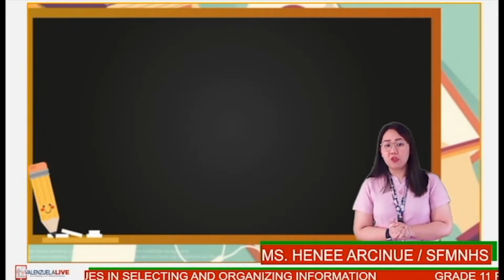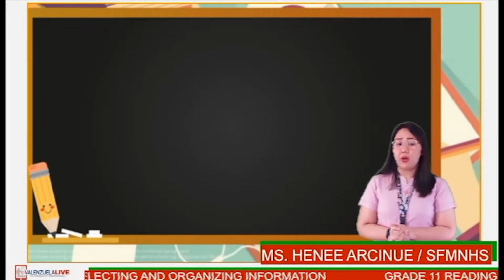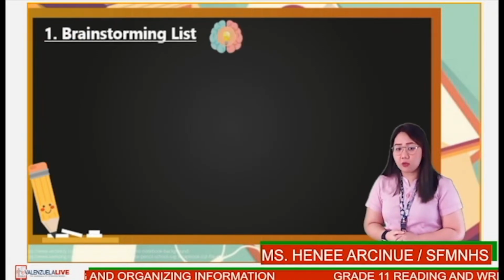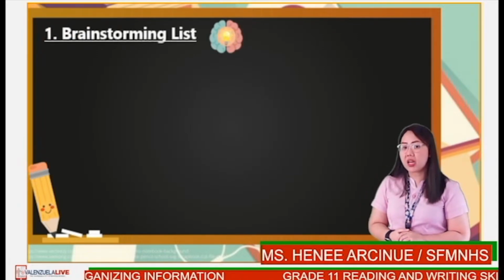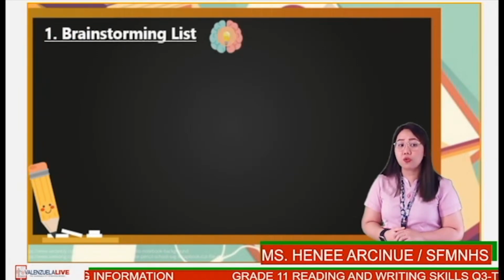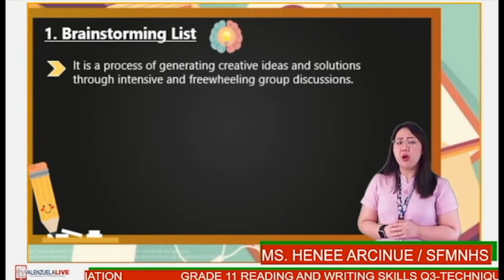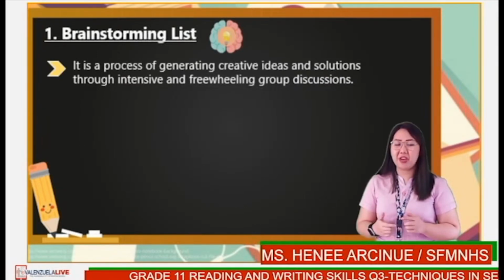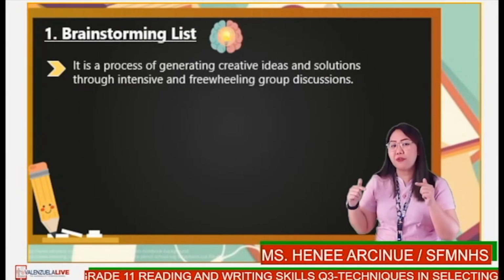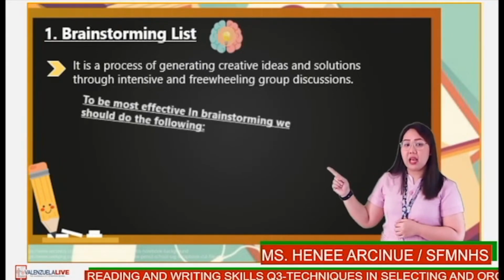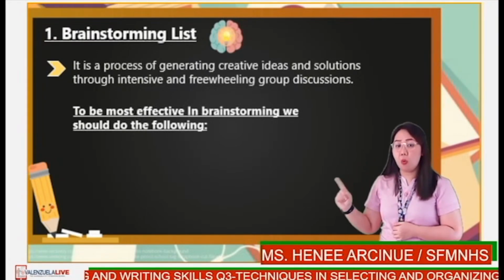Let us now talk about brainstorming lists. We all know that brainstorming is a process of generating ideas and solutions within the group. But for us to be most effective in brainstorming, we should do the following. First, lay out the problem you want to solve.